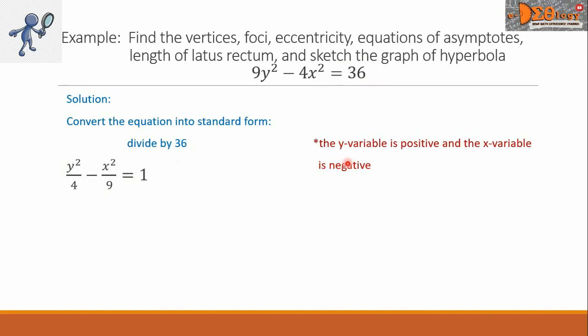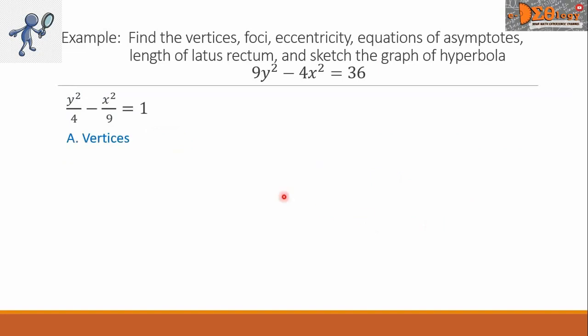Take note that the y variable is positive and the x variable is negative. It means this is a hyperbola with center at origin and transverse axis on y-axis. Let's begin with taking the vertices. The a squared is the denominator of y squared, so that is equal to 4.